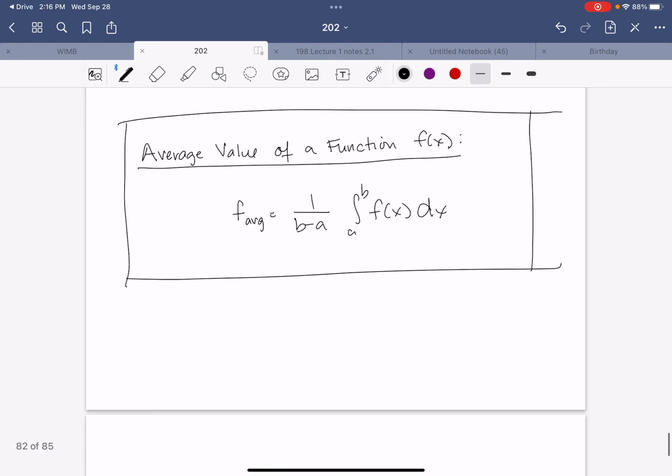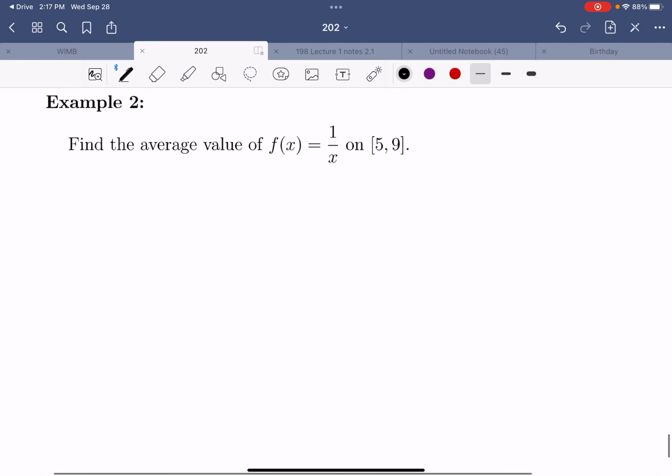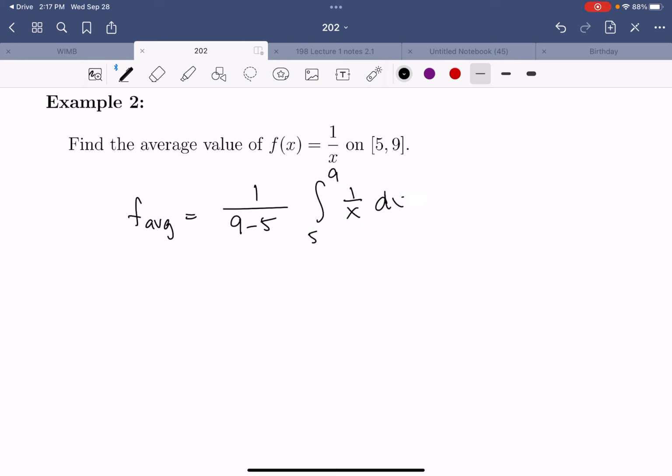So what does that look like when we go to find the average value of 1 over x on the interval from 5 to 9? So f average is just 1 over b minus a, so 9 minus 5, an interval of length 4, times the integral from 5 to 9 of 1 over x dx.